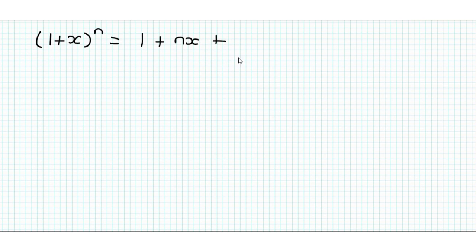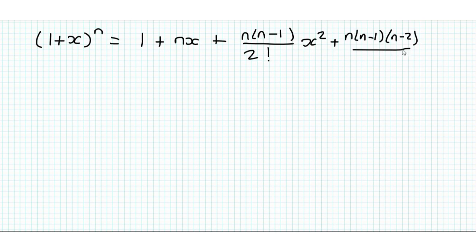plus n multiplied by n minus 1 over 2 factorial x squared plus n times n minus 1 times n minus 2, you guessed it, over 3 factorial x cubed, and so on, and the pattern continues like that.